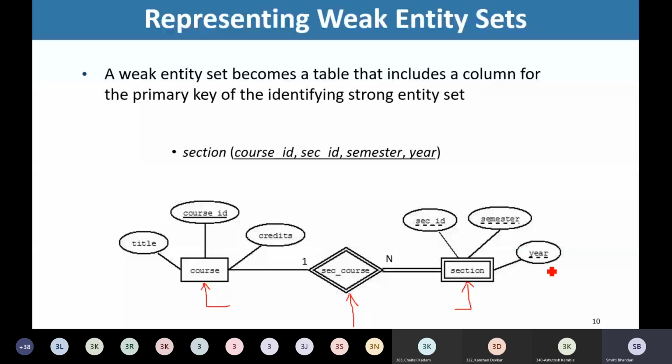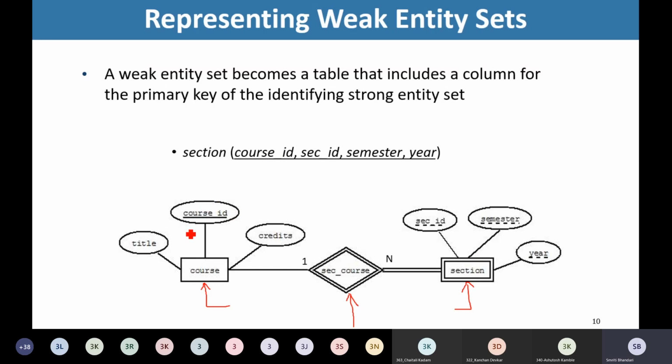I will have all those columns associated with individual attributes of the weak entity set, but in addition, whichever is my identifying entity set, the primary key of that entity set, I will be adding in the table of my weak entity set. So the table of my weak entity set section will have now, in this particular example, 4 columns.